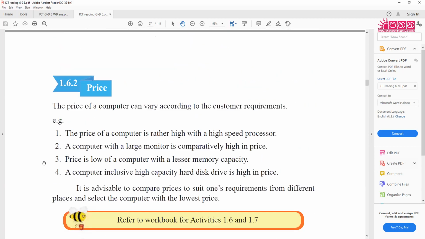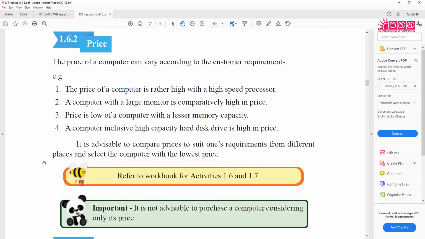Right. Then we also discussed the prices. Now, price matters, isn't it? So depending on what you select for your specification, especially technical specifications like RAM, like hard disk, right?